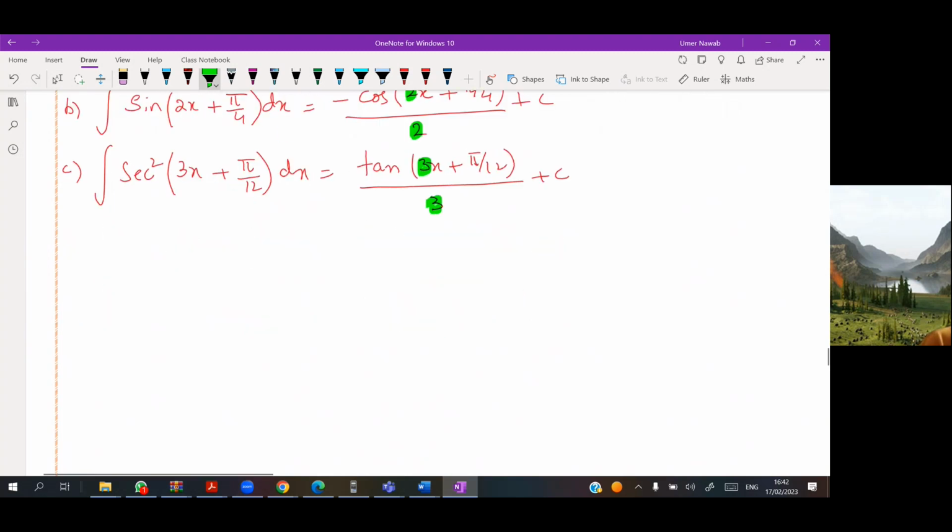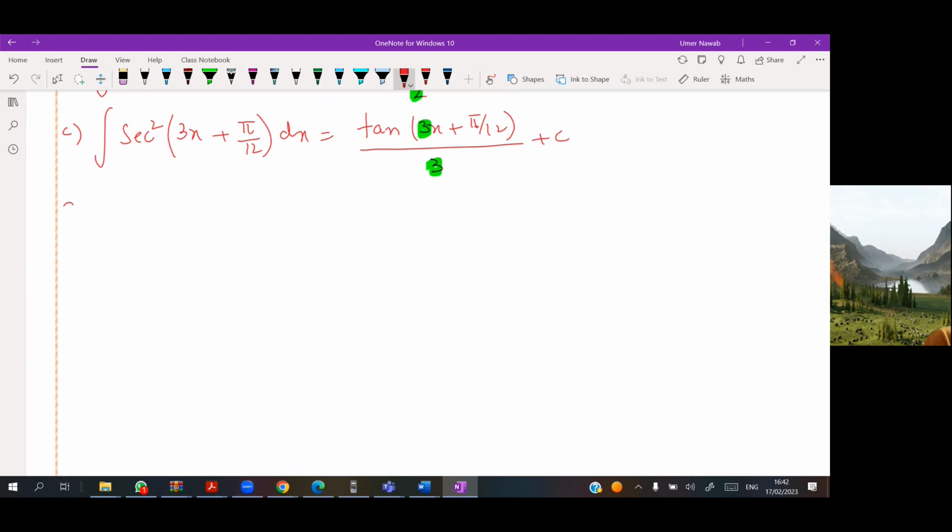Now we're going to go to the D part. Integration of cosine of pi minus x. Integration of cosine is sine of pi minus x. Remember, what is the coefficient of x? It is minus 1. So you have to divide by minus 1, plus c.